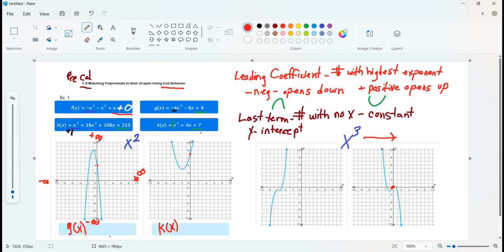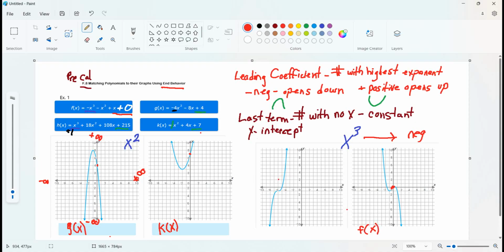So that would be a negative graph. If you think about it, as you're starting on the left side of the graph, you're starting at the top of the graph and following it, it's heading down. So that's a negative. And that one was the f function. That one goes there.